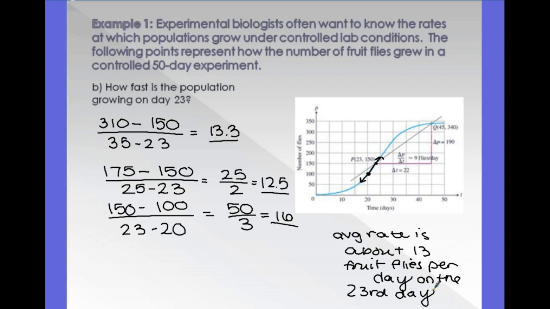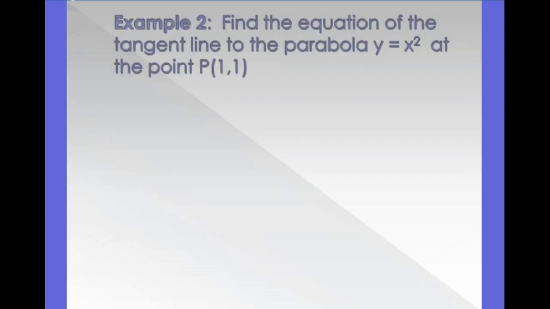So that's the practical application for average rate of change. Let's look at the algebraic. It says find the equation of the tangent line to the parabola y equals x squared at the point (1, 1), and now we're looking at limits. We'll start with the slope of the secant. This is like my f of a.